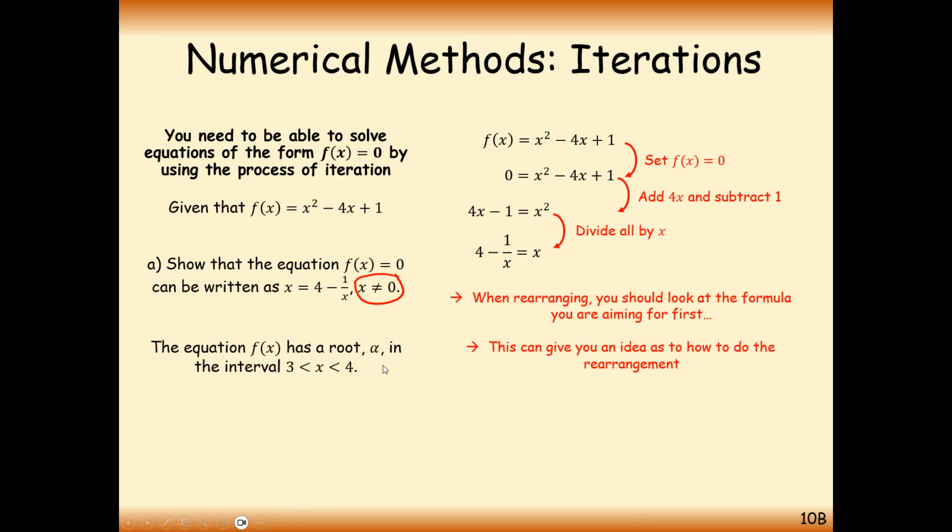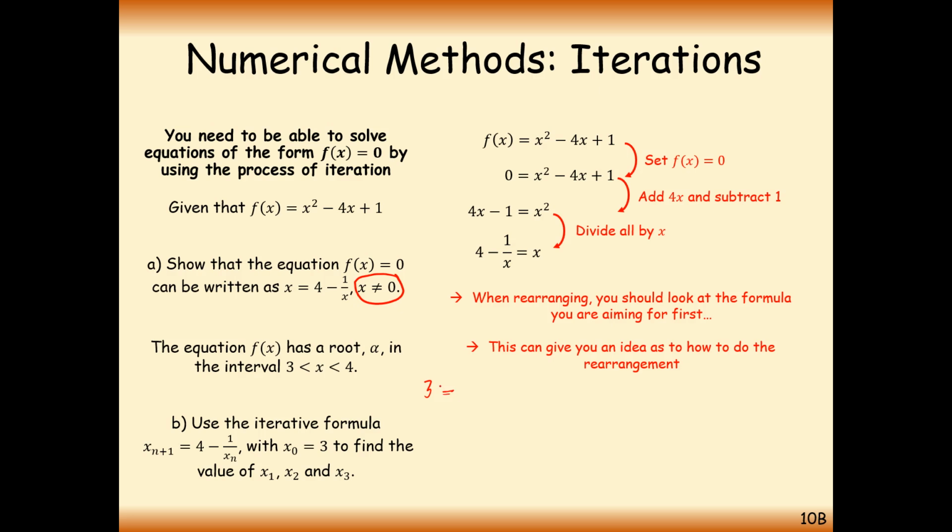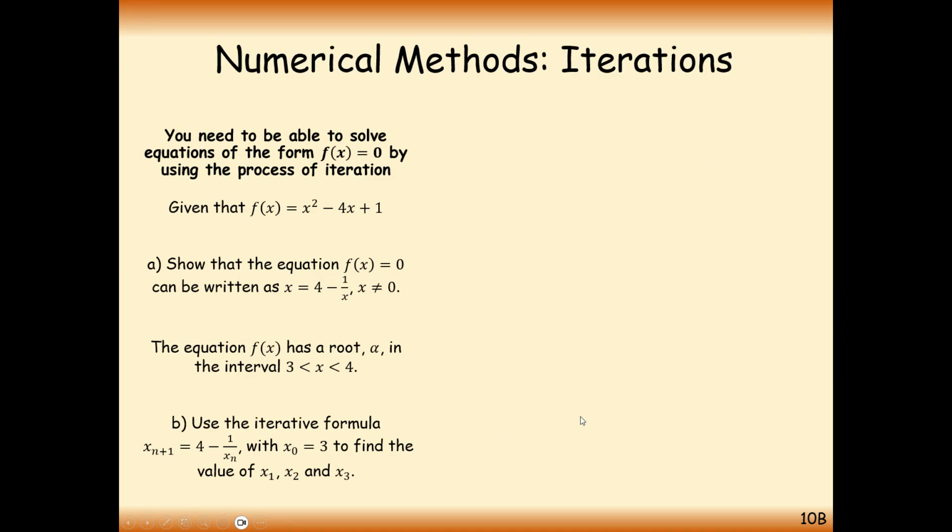The example tells us to use a value between 3 and 4. So we can take x naught to be 3. As I said, you can store 3 and press the equal sign on your calculator, and it will store it as the answer for you. Then you type the right side of this equation: 4 minus 1 divided by answer.